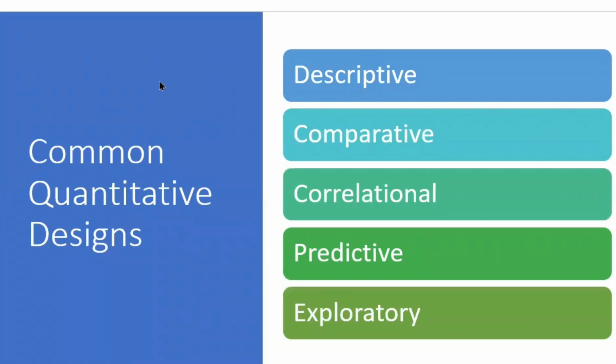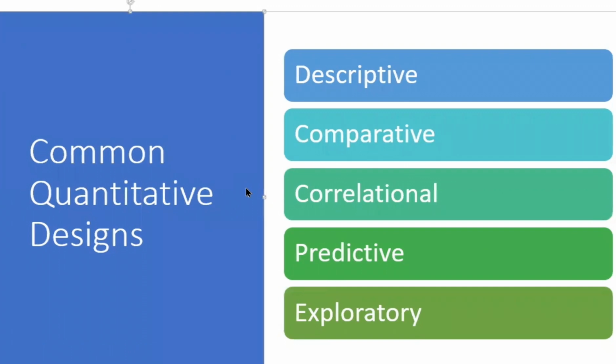Kapag quantitative research design naman, the most common, especially the grade 12 students who are under the Practical Research 2 and the Investigatory Inquiry subjects ng grade 12 natin sa DepEd or under the basic education natin ng mga students sa Philippines, most of the quantitative designs na ginagamit nila ay maaaring descriptive, comparative, correlational, predictive, at exploratory.